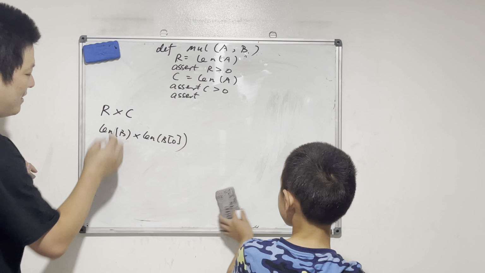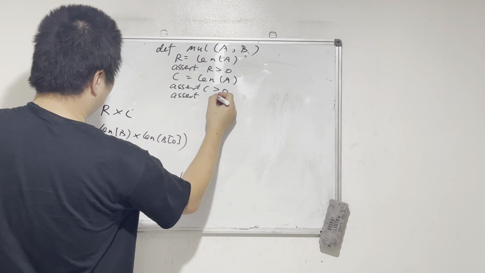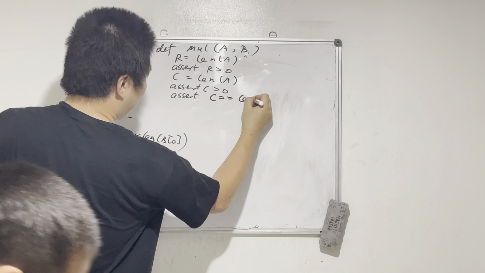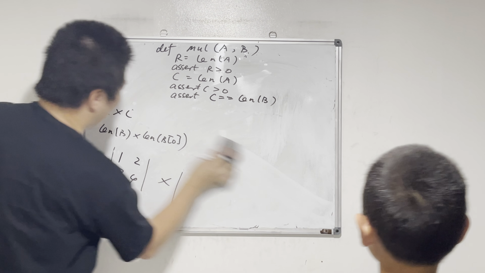Look, 1, 2, 3, 4. This is A, and I want to multiply by something. This needs to be the same as this. This is the number of columns, and this is the number of rows of B. So assert C equals length B. This is just to prepare, okay?